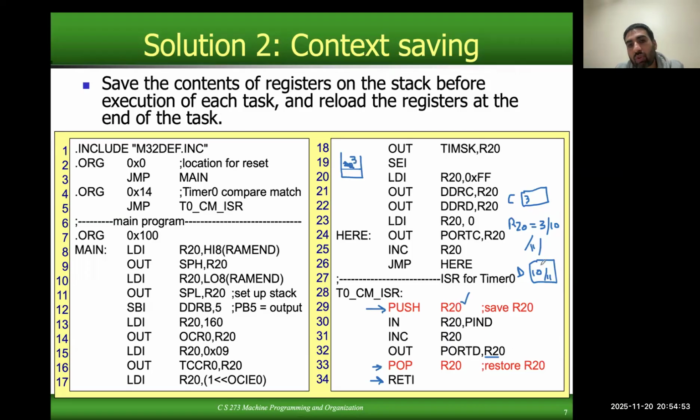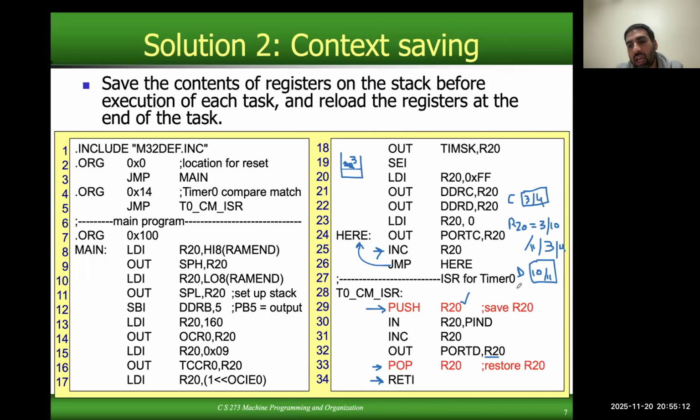So now when I say pop, what happens? 3 will be put back into the register R20, right? Now when you go back here and say increment R20, it will become 4. And when you say, okay, now jump back and send R20 to port C, here you will see 4.